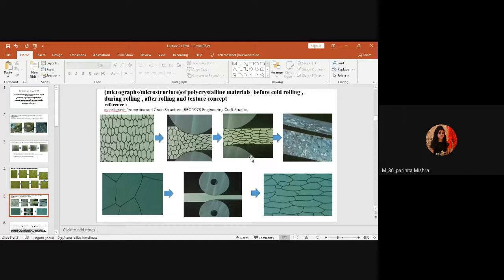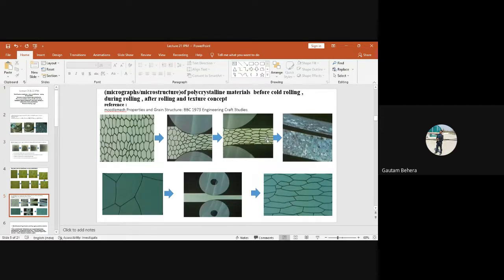After rolling, anisotropic. Very good. Excellent. So initially you have a random orientation of grains and this is a polycrystalline material, that's why it is isotropic. But the moment you roll it, the grains are elongated in a preferred direction. Automatically it will become anisotropic, because of this preferred orientation.